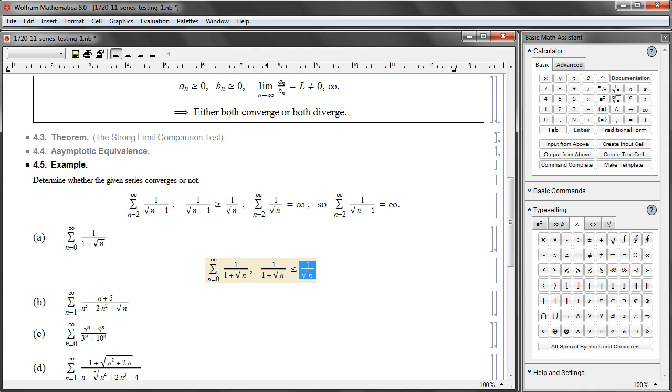So this right-hand side is bigger. And the right-hand side series is unbounded. So what conclusion can I get from here? The original series, which is the smaller series, is less than or equal to infinity.